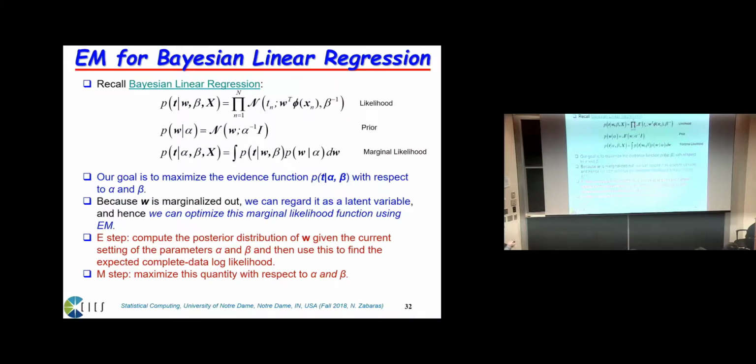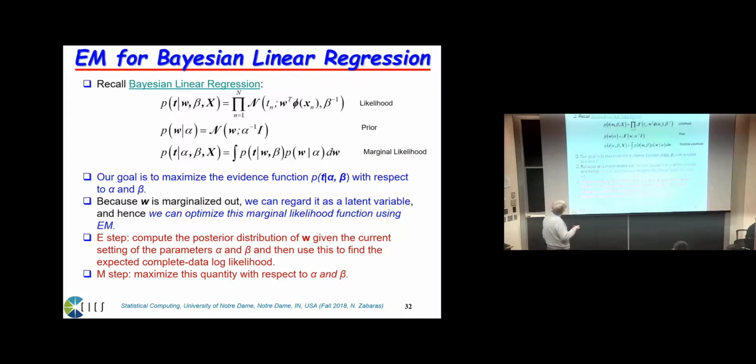I'm writing this for the data points little n, and then I put some noise, beta. W are the coefficients in the linear regression model. If I knew the regression coefficients W, the data points X, and the noise level, then the likelihood is the product of these Gaussians.